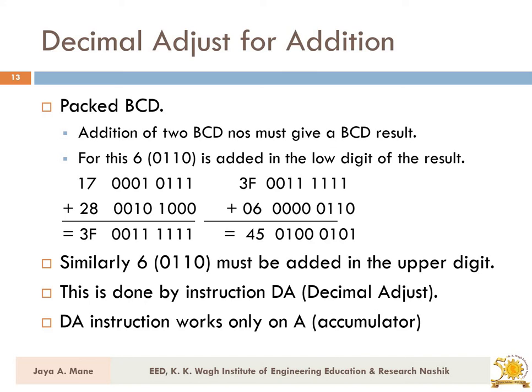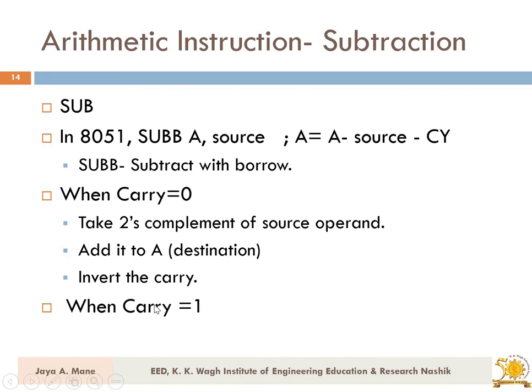Are you getting the lower nibble as non-BCD or the upper nibble as non-BCD? Depending on that, we perform the adding of 6 to the lower nibble or the upper nibble. This is decided by the decimal adjust instruction. And always remember that the decimal adjust instruction can be performed only on the accumulator. That is the restriction, because arithmetic operations are performed through the accumulator. So that is the instruction DAA, decimal adjust accumulator.